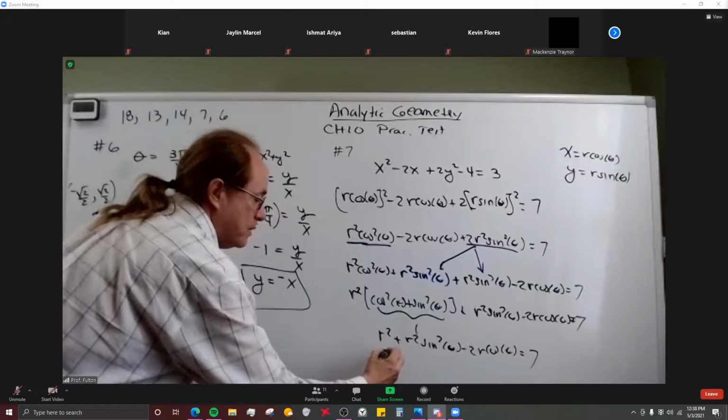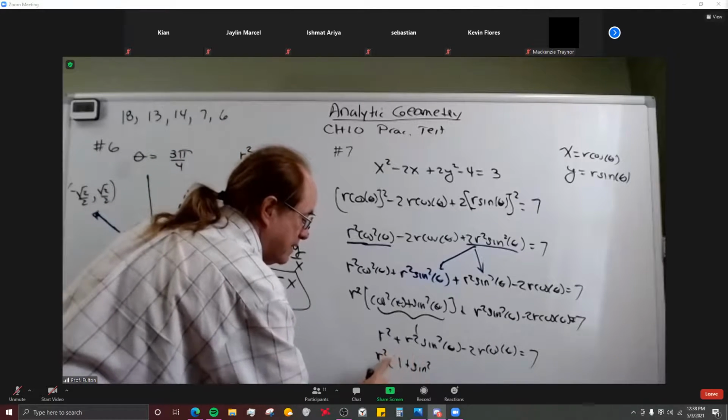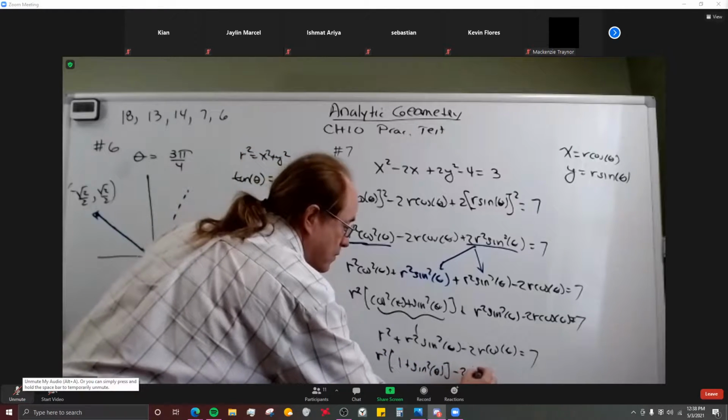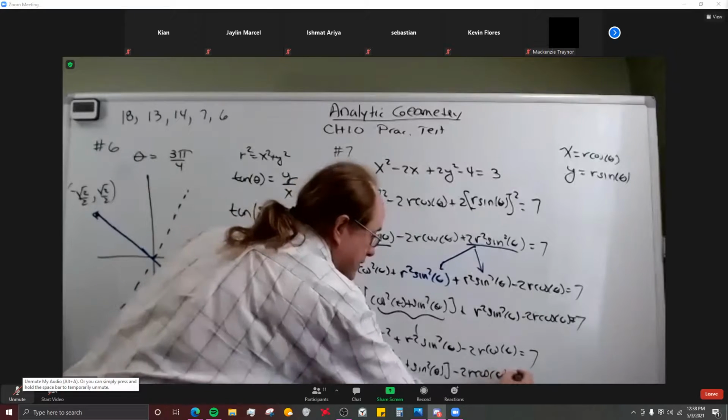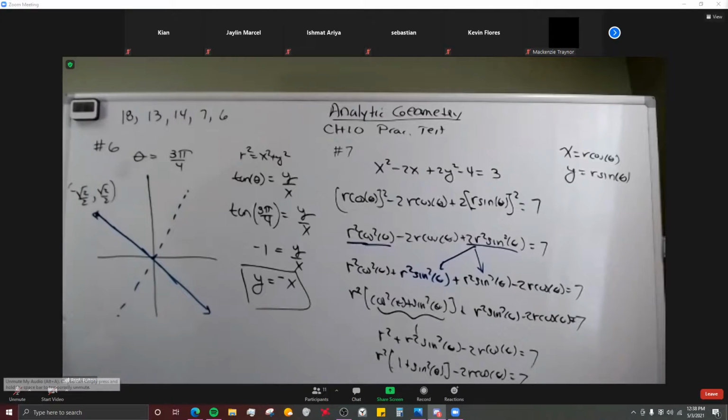Factor out an r squared over here, 1 plus sine squared of theta minus 2r cosine of theta is equal to 7. So I'm just using the Pythagorean identity over here, getting rid of sine squared and cosine squared.